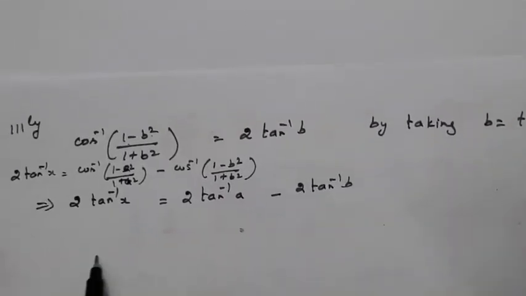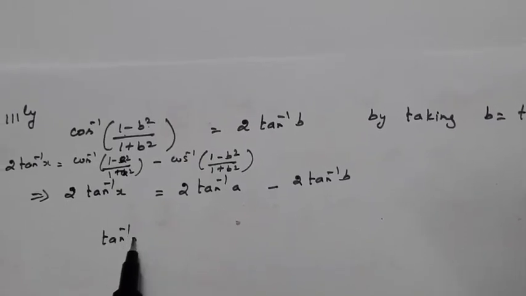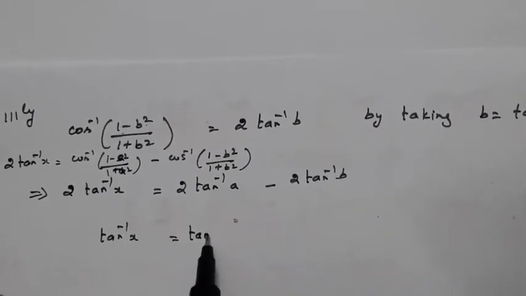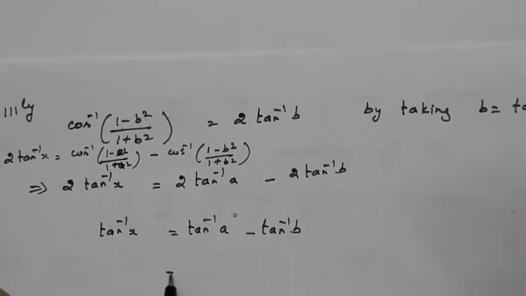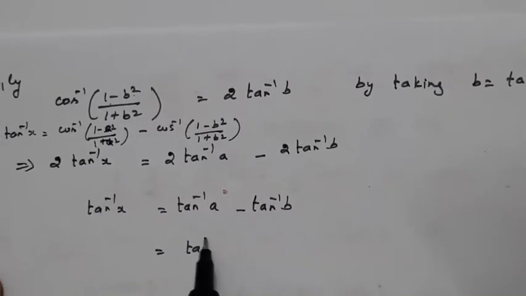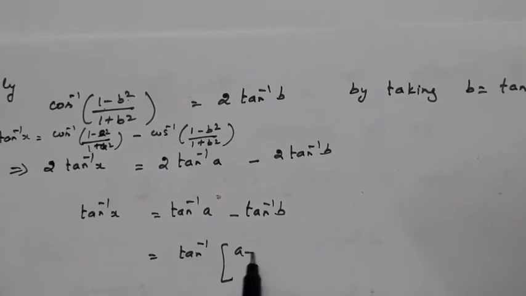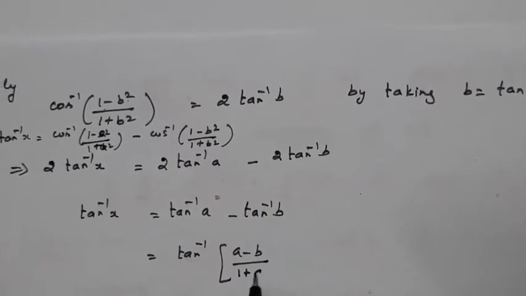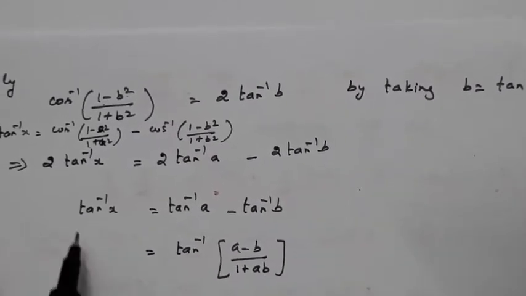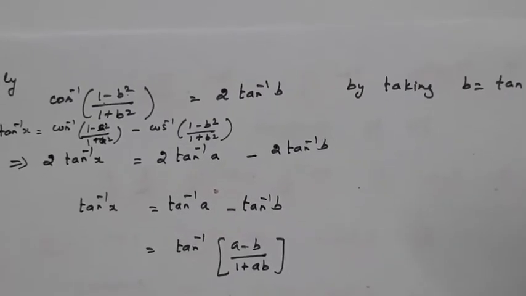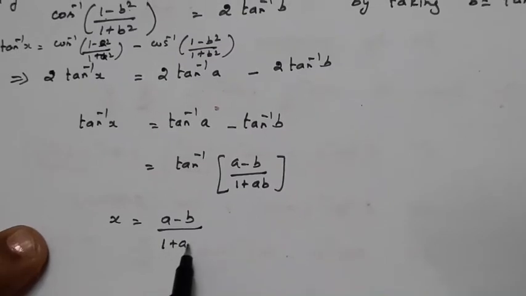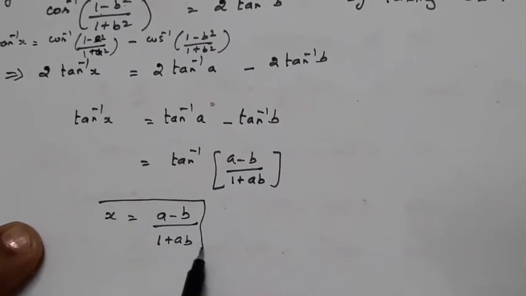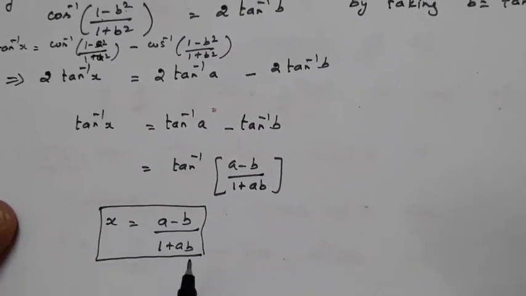Now cancelling throughout by 2, we have tan inverse of x is equal to tan inverse of a minus tan inverse of b. Again apply the formula for this one. So tan inverse of (a minus b) divided by (1 plus ab). Taking tan on both sides, we have x is equal to (a minus b) divided by (1 plus ab). So this is the solution for the given equation.